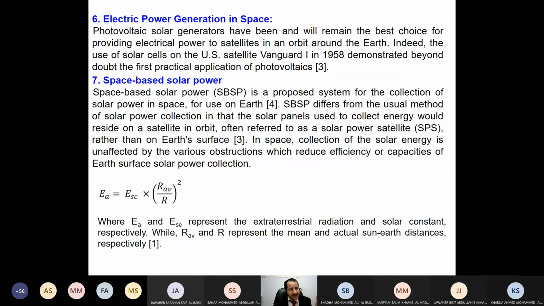One more issue is the use of solar photovoltaic and solar energy in space. Okay, we saw this in animation and in cartoons. You remember Adnan and Lina, I mentioned it when I started talking about solar photovoltaic.